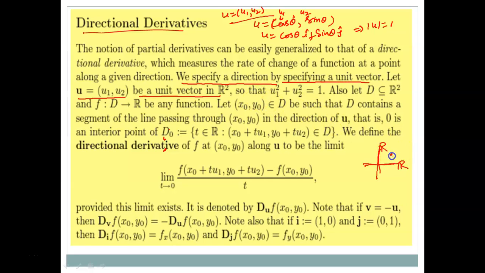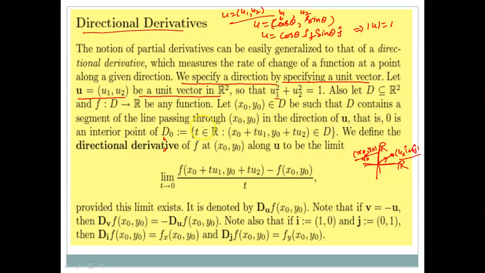The unit vector is in this direction, whose components are u1 i cap and u2 j cap. So u1 square plus u2 square will be 1. Also, suppose you are taking any subset D of R square and f from D to R is a function. Let (x0, y0) belong to D, meaning you want to find the change at this point, and let this point be denoted by u0.